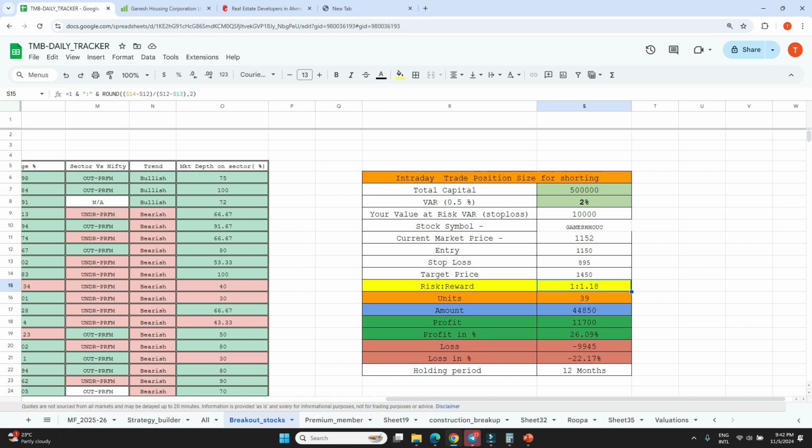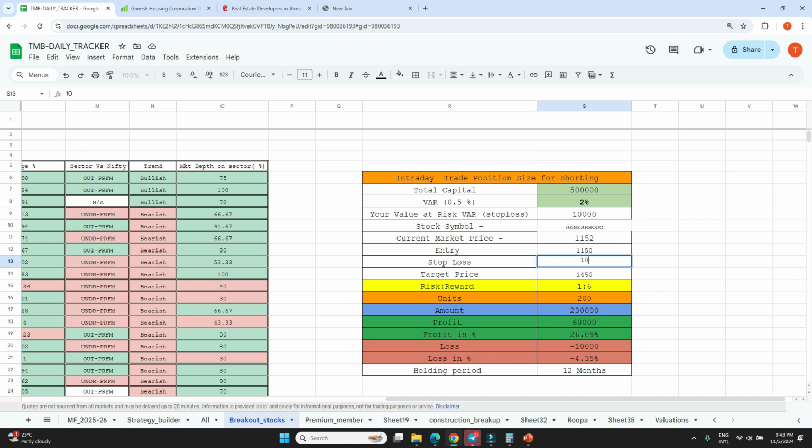What I am going to do is take only half of the amount. If the stop loss is somewhere around 1000, for example, I am allowed 77,000 rupees. If the stop loss is even 1100, I am allowed to take up to 2,30,000 rupees.